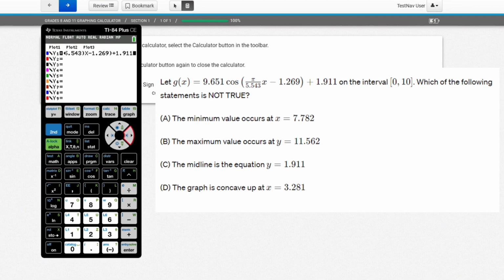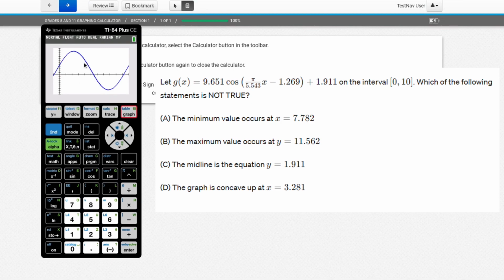Let's find out why. The graph is concave up at x equals 3.281. So let's go back to our graph. Here's 1, here's 2, here's 3, so here's 3.281. And at that moment right there, that's concave down. It doesn't start going concave up until we hit the midline. Now, if you're paranoid and wonder how you know that's not like 1.2 or something, you can find the y value.